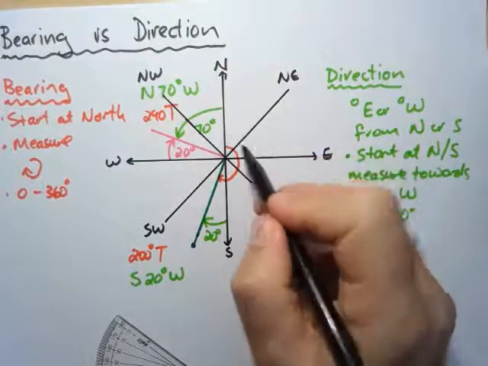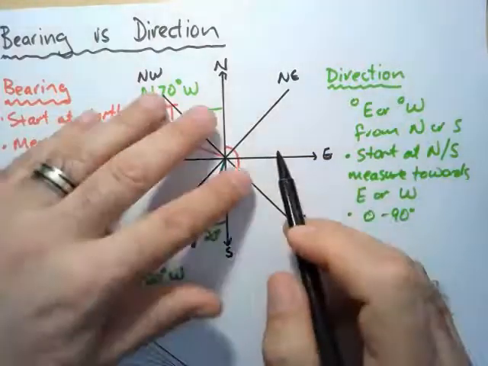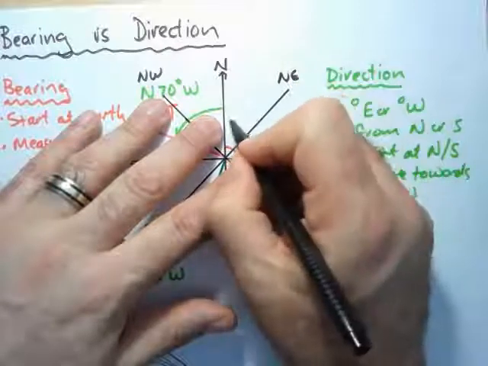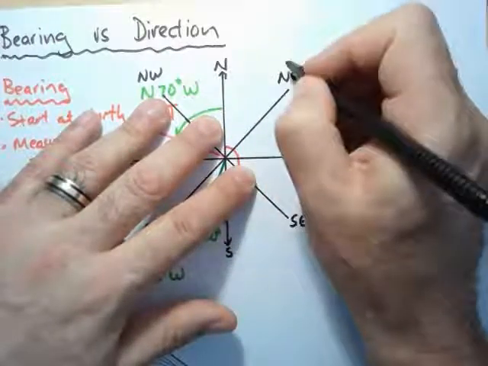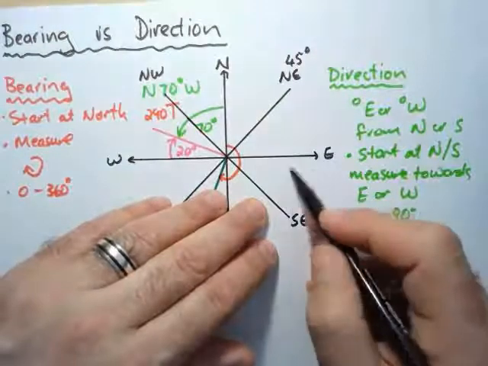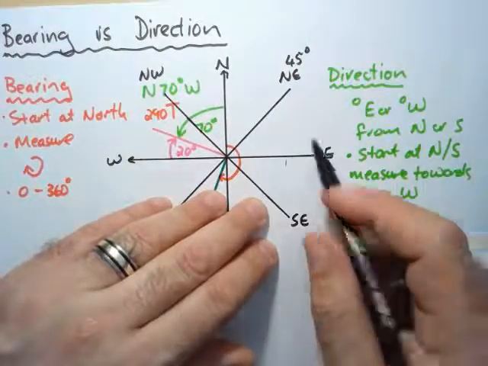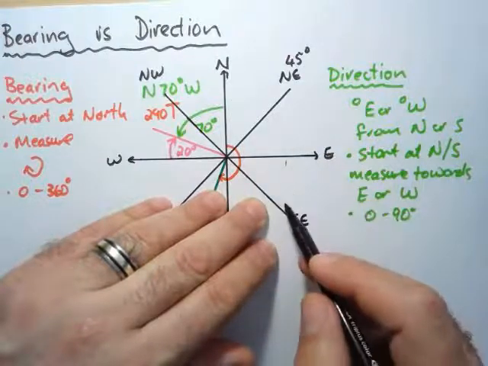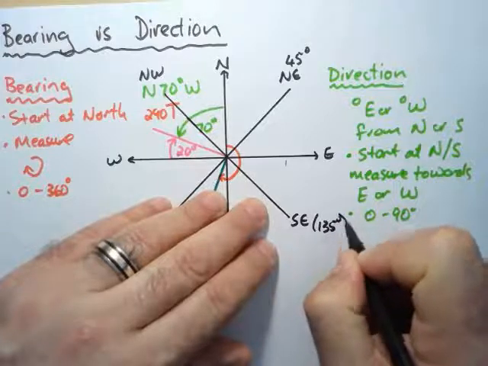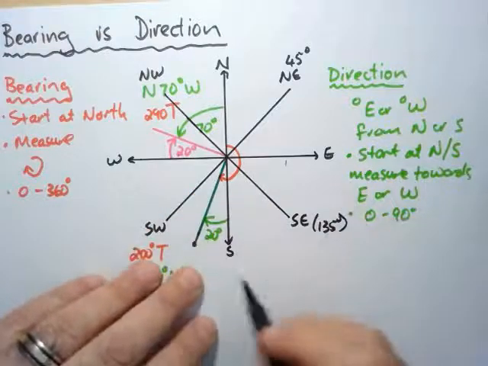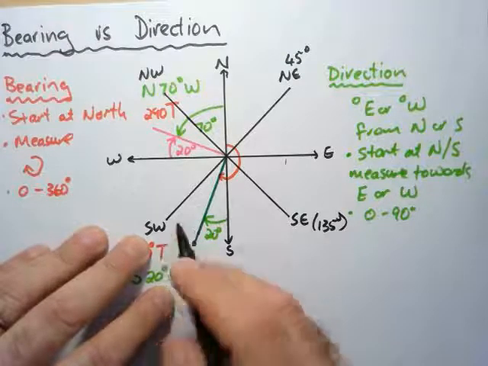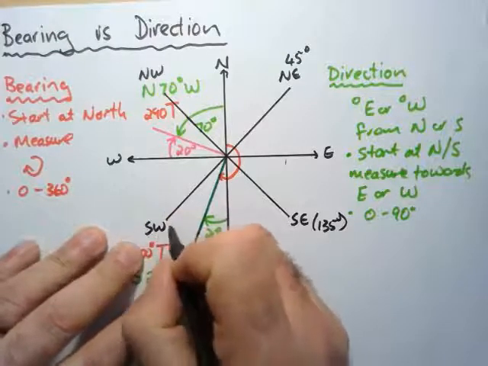Just remember, if this is 90 degrees from north to east, then this is 45. So the true bearing for northeast will be 45 degrees. If this is 90 and this is 45 halfway, then southeast on a true bearing will be 135 degrees. And so you can work out, this will be 180. 180 plus 45 will be 225 degrees.